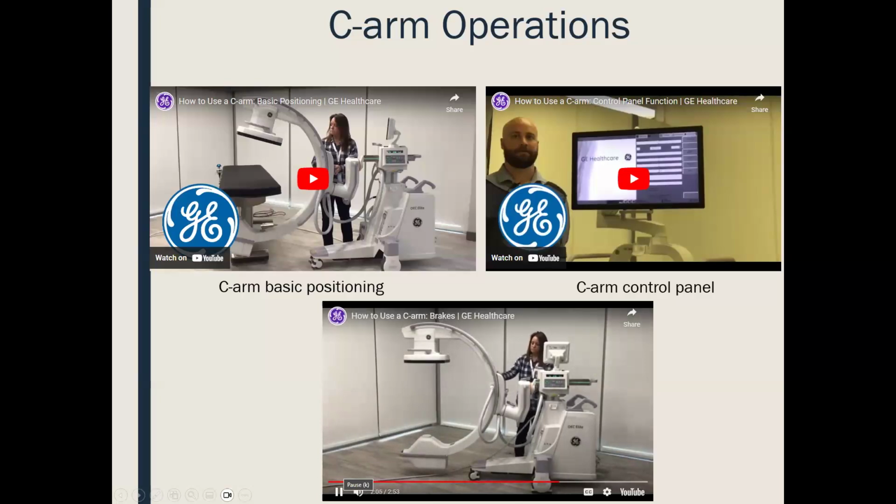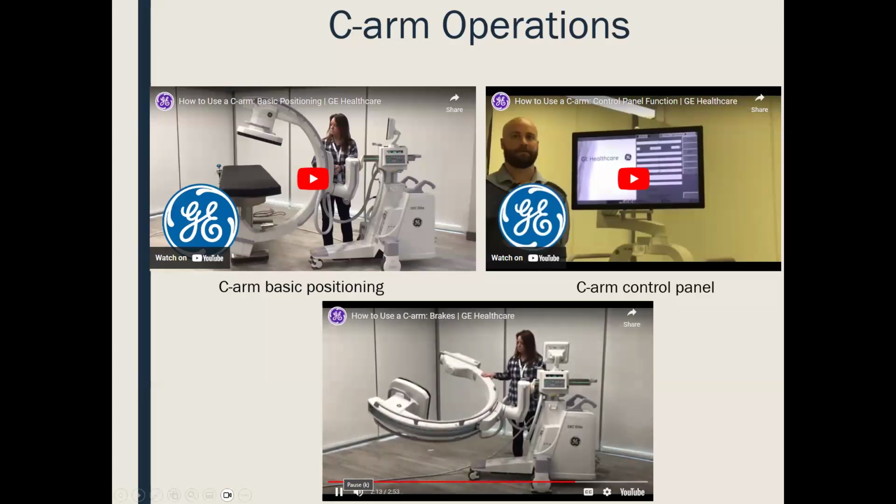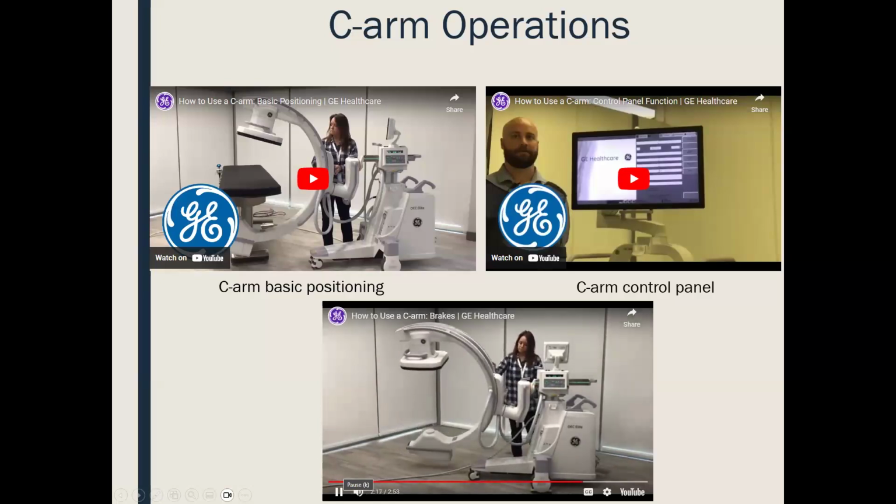From there, we move to the gray lock, which is our GE lock, called our invert or our smart view lock. It also will allow you to turn the system completely upside down, able to put your detector on the bottom. And we'll go over more about the smart view lock and our positioning.